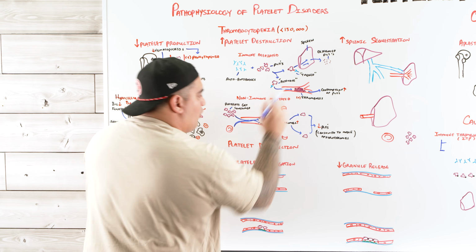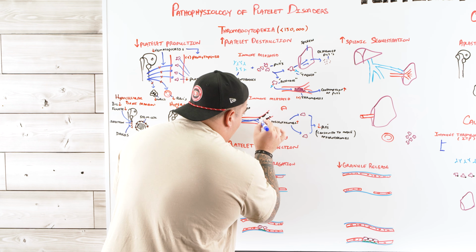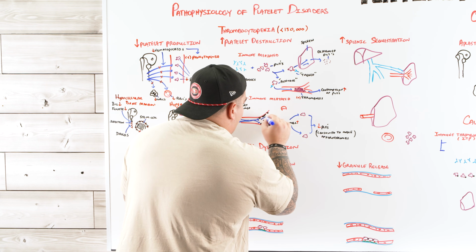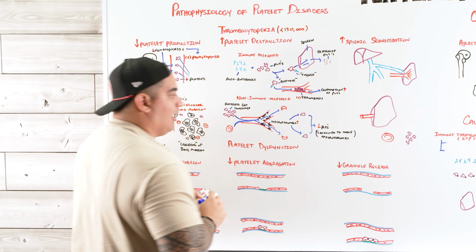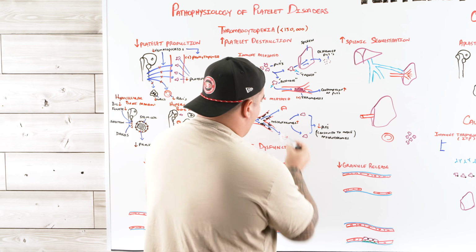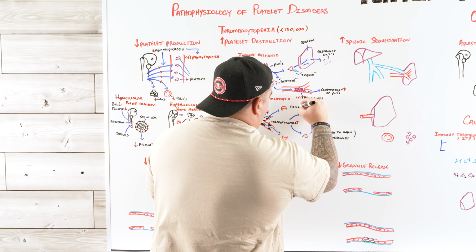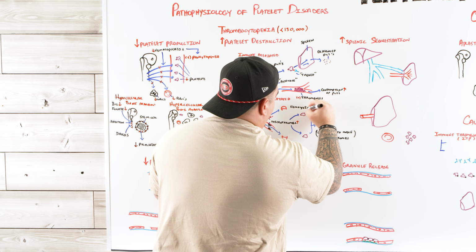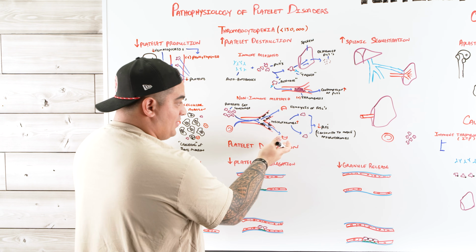And as they move across it, they get sheared up. They get ripped to shreds. And what happens is they get hemolyzed. So this is going to be hemolysis of red blood cells, and this is due to shearing forces.